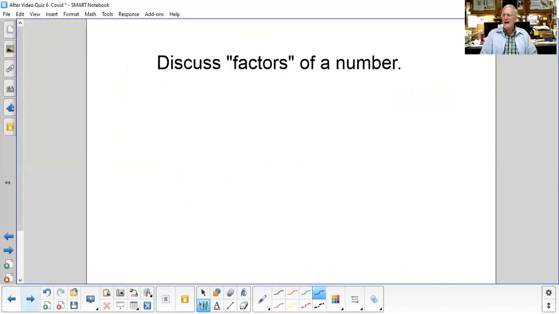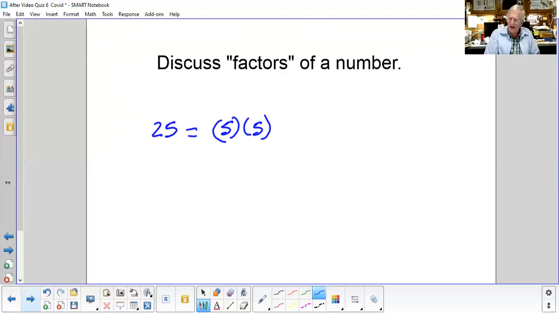Remember, what are factors of a number? Factors of a number, if you recall, are numbers that multiply, that have a partner, that give you the number in question. Like 25, for example. 2 factors of 25 are 5 and 5. They happen to be exactly the same, right?